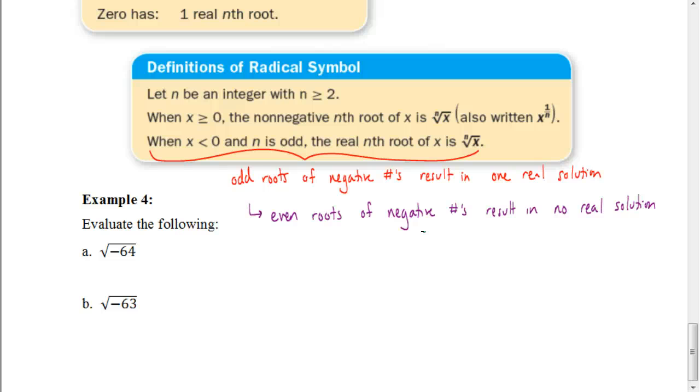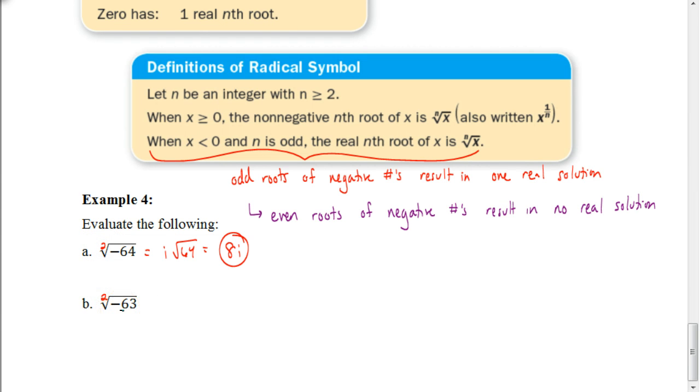So what I have to do there is, remember, if we're dealing with an even root of a negative number, we factor out an i. And so then we have the square root of 64. The square root of 64 is 8, so my answer is 8i. Now when I say even root and odd root, it's referring to the root that's out here, not what's underneath.